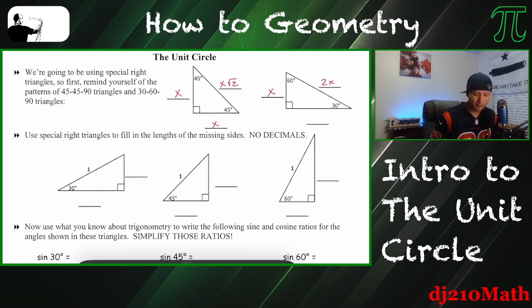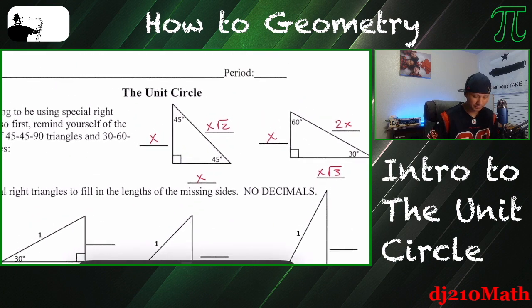If I want the longer of the two legs, because the hypotenuse is the hypotenuse and the legs are the legs, there's a short leg and a long leg. If I know the short leg, to get to the long leg, it's the short leg times root 3.